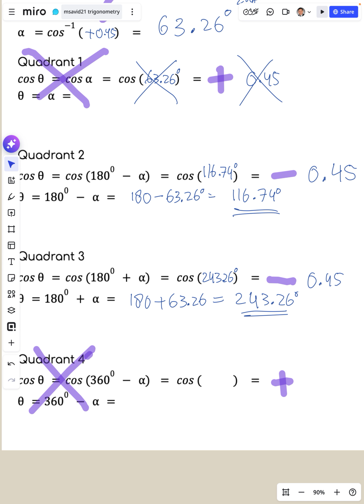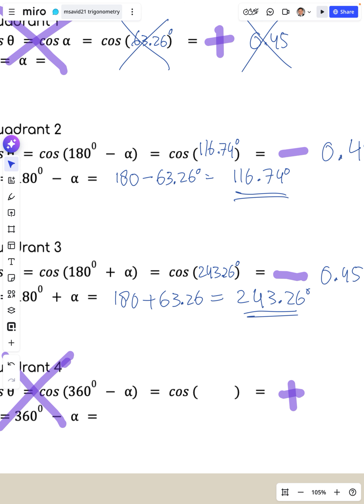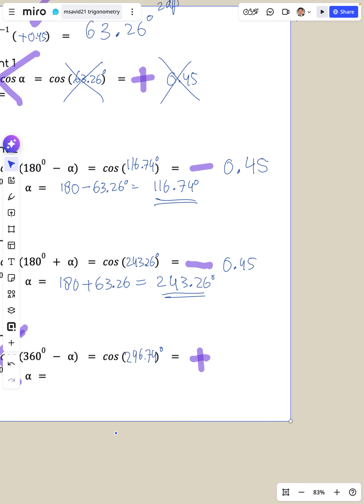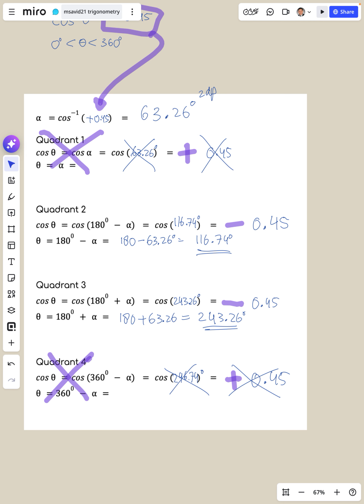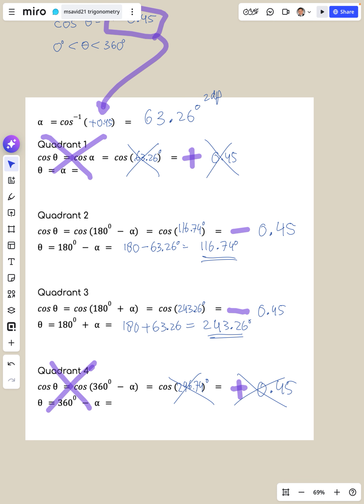How much is 360 minus 63.26? You get 296.74 degrees. If you press cosine of that, you get positive 0.45, which is wrong also. So we have two answers, 116.74 and 243.26, and we already checked both of them.